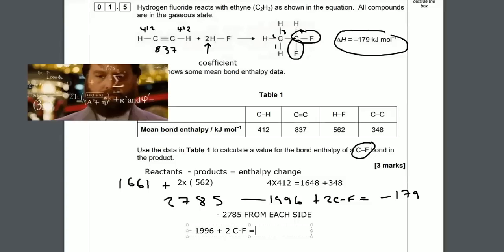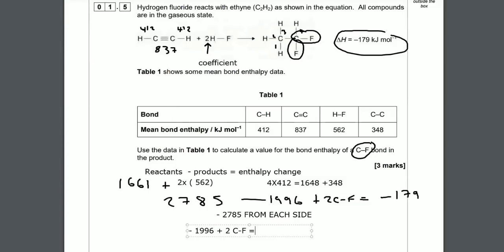Okay, that leaves me with minus 1966 plus 2CF. And on the other side of the equation, we are going to get minus 2964. We don't want to worry when we get our final answer about minus or plus because we're aware that the mean bond enthalpy doesn't have a sign.